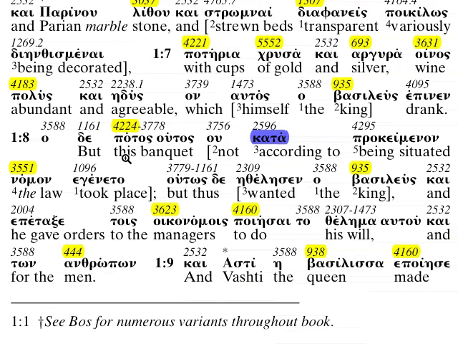Verse 8. But this potos, this drinking banquet, took place not according to the law being situated, nomon, astronomy, nomi, according to.